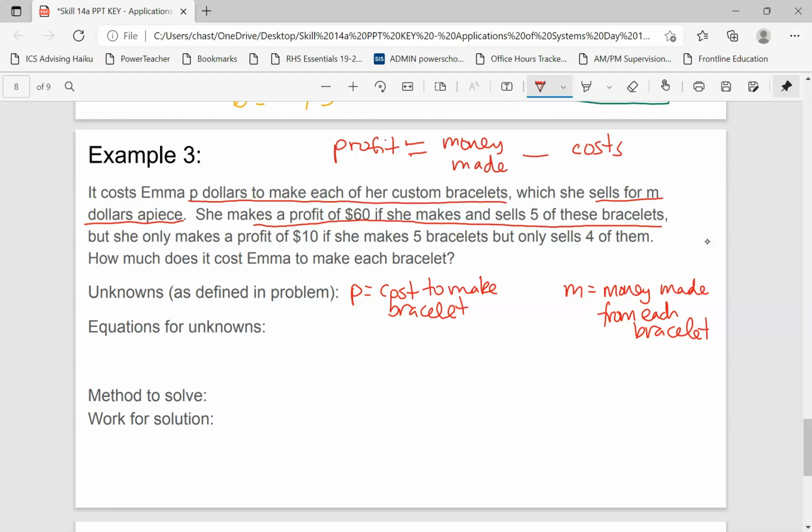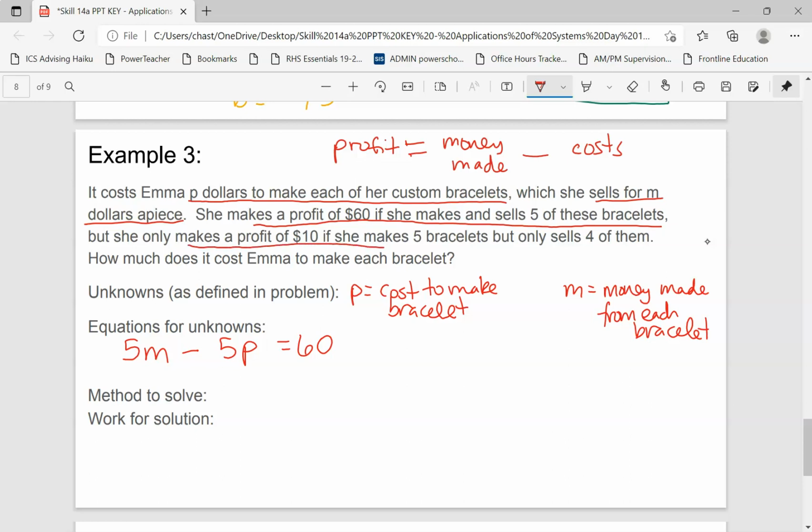So our profit is $60. So we know something will equal 60. If she makes 5 of these bracelets, that's going to be 5M minus the cost to make those 5 bracelets, 5P.